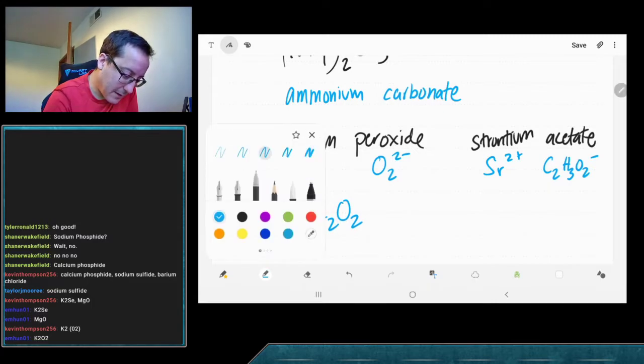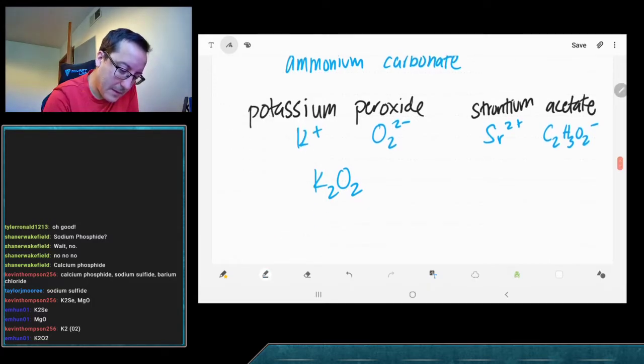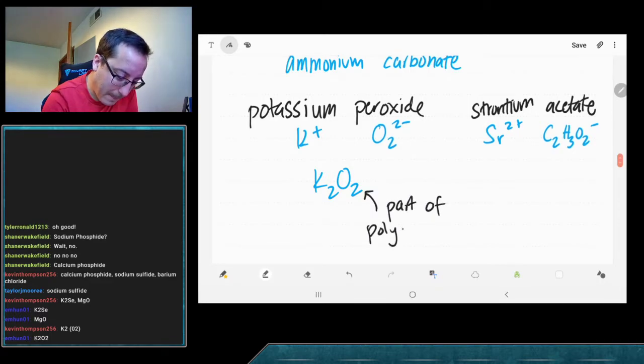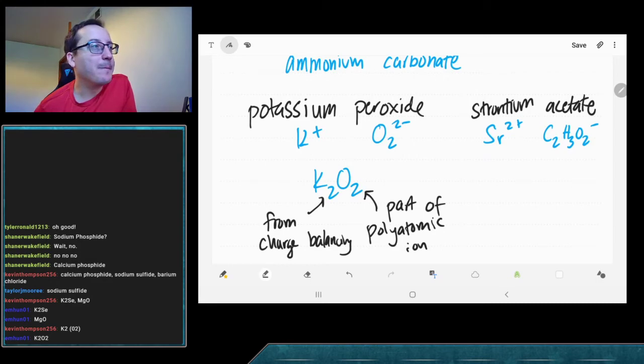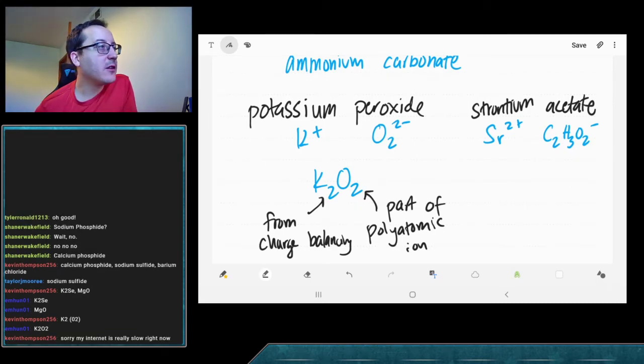So, because this is part of the polyatomic ion, and this one is from charge balancing, we're not going to mess with that. Yeah, no worries, Kevin.